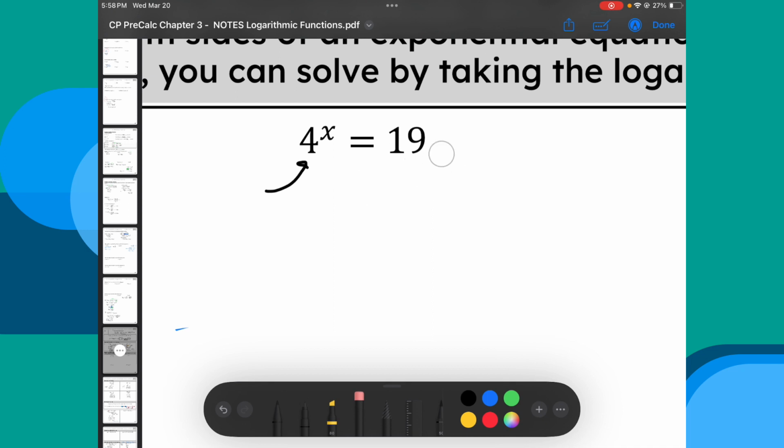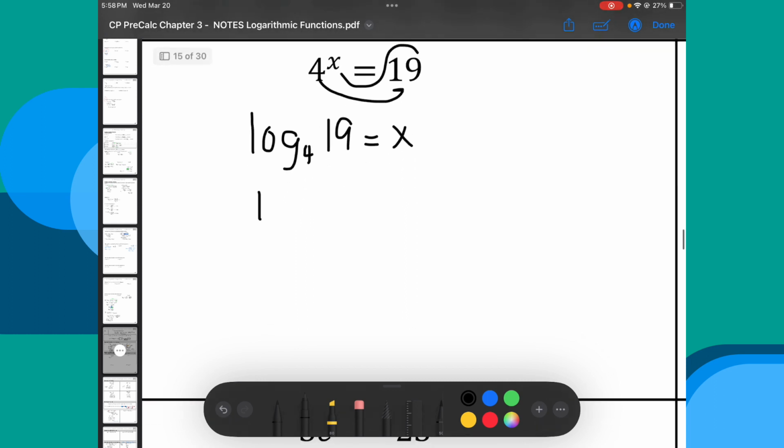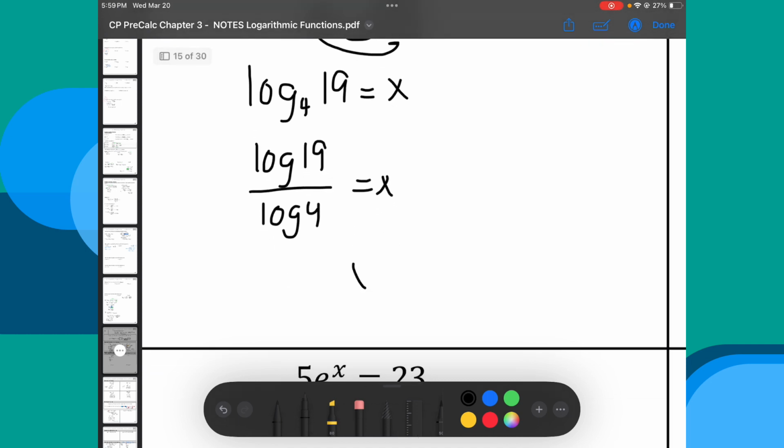No. So if we can't do that, then we just introduce our log. So this is going to be log base 4 of 19 is equal to x. And then you can evaluate this in your calculator. So log 19 over log 4. Pop that into our calculator, and we get x is equal to 2.124.